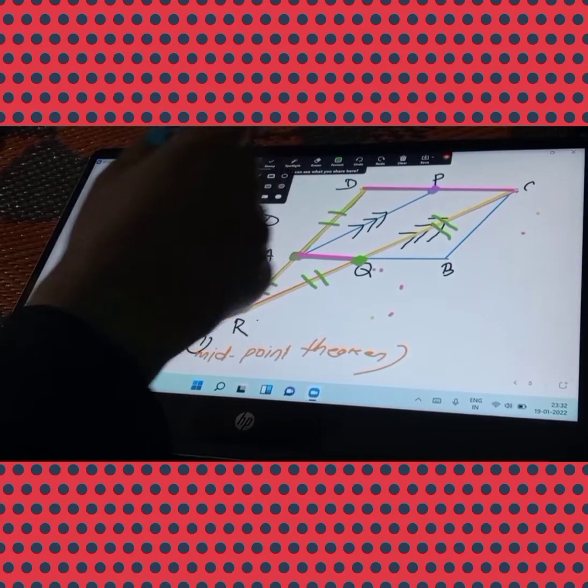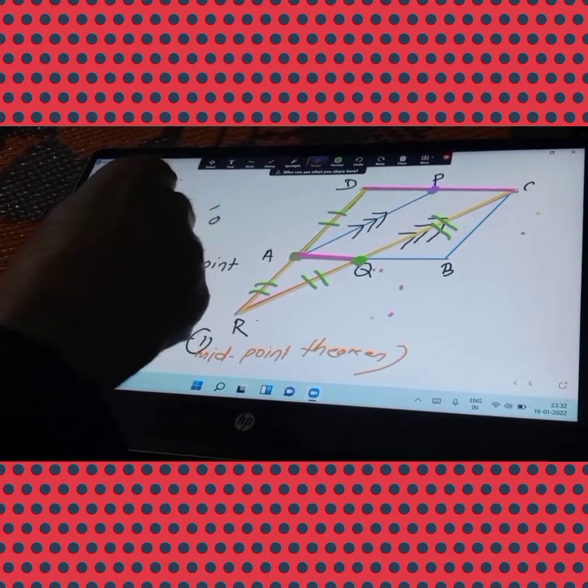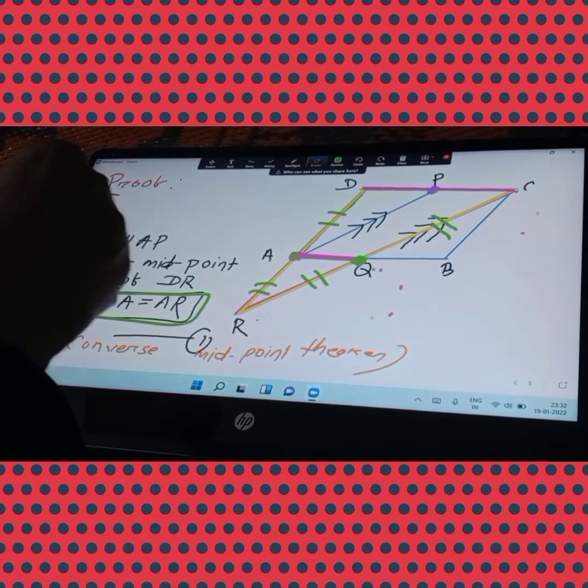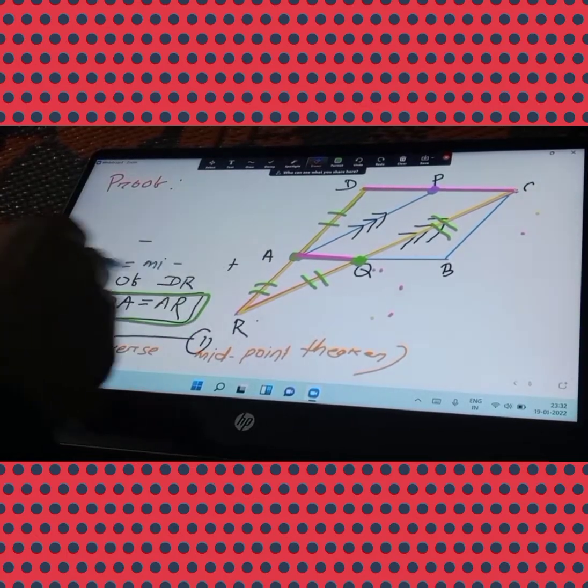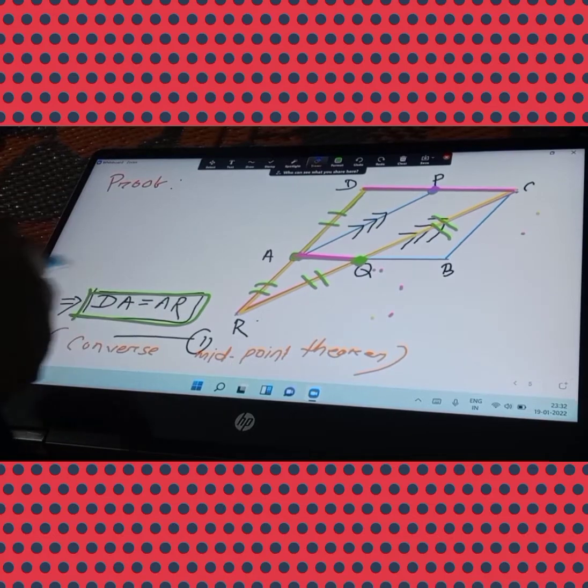Yes. So write down the same thing here. Let us see here. So here, using the converse midpoint theorem, we are proving the statement. The first part is already proved.